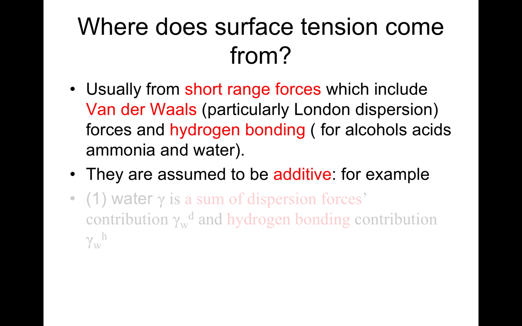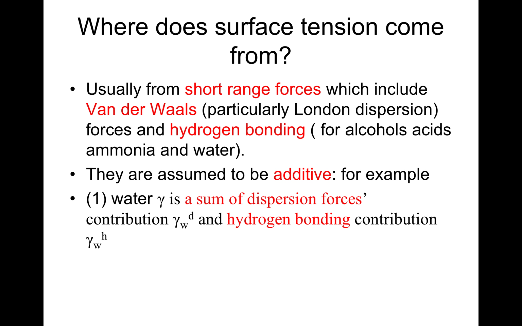For example, let us look at water with surface tension gamma. This is the sum of the dispersion forces contribution, gamma W D, and the hydrogen bonding contribution, gamma W H. So the surface tension for water, gamma W, is equal to gamma WD plus gamma WH.